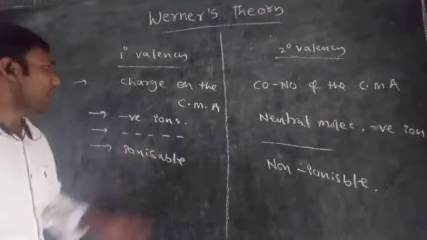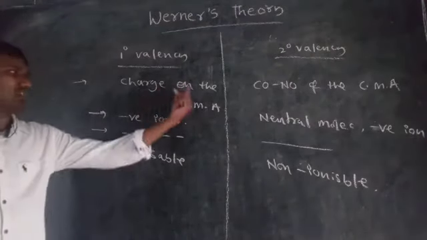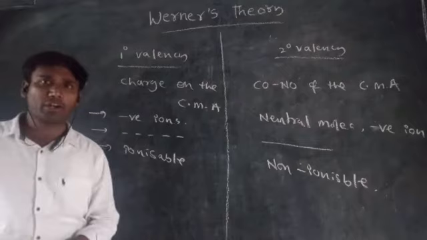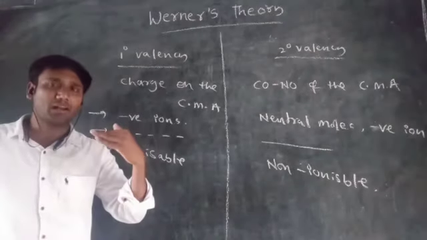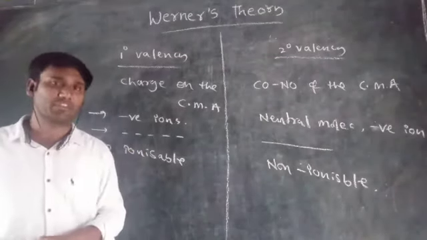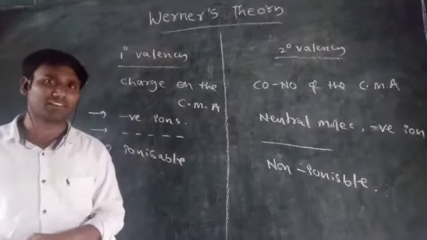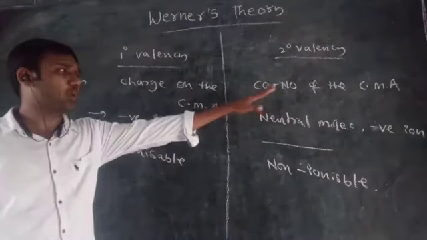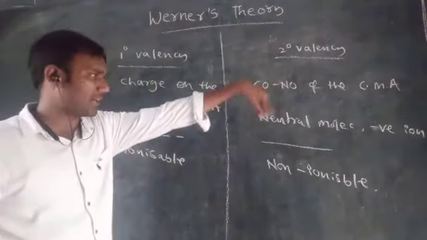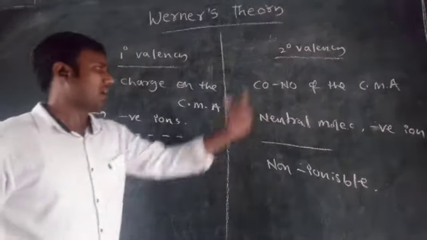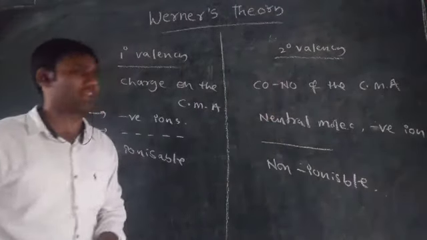Once again, primary valency represents the charge on the central metal atom in the coordination compounds, and secondary valency represents the coordination number.